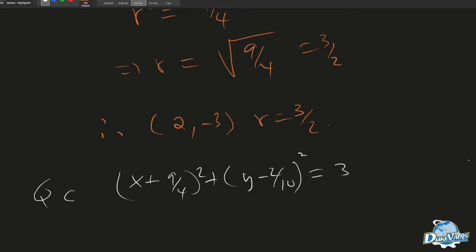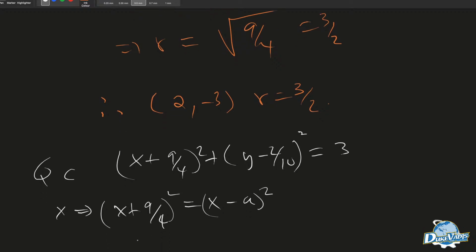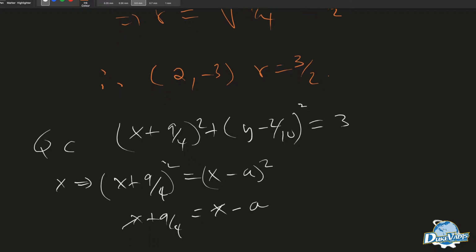So it's the same procedure. We'll tackle the x by saying x plus 9/4, all squared, is equal to x minus a squared. When we square root each, x plus 9/4 equals x minus a. Let's cancel that, so a is equal to negative 9/4.